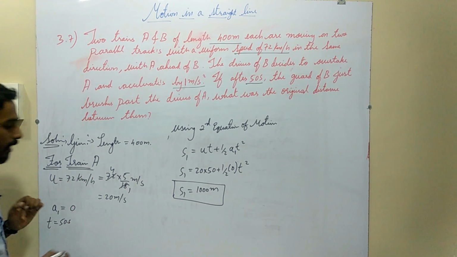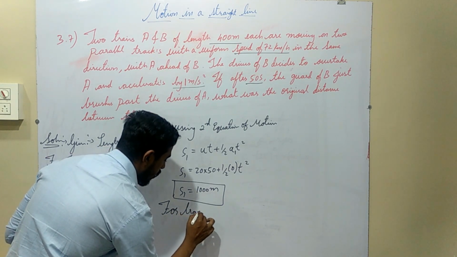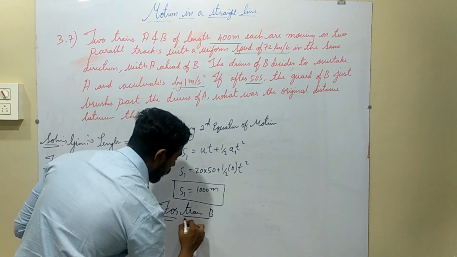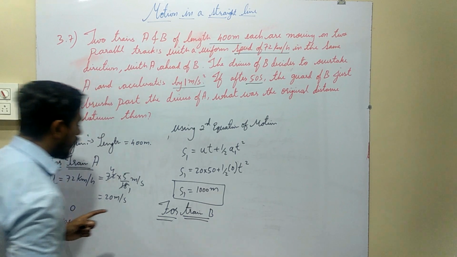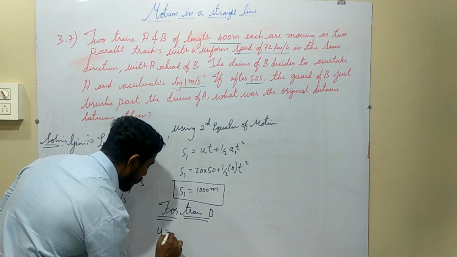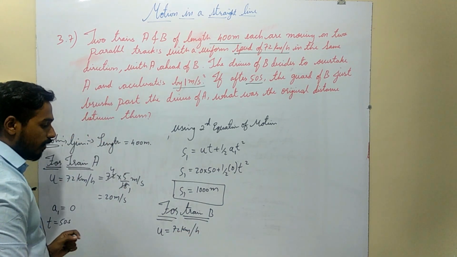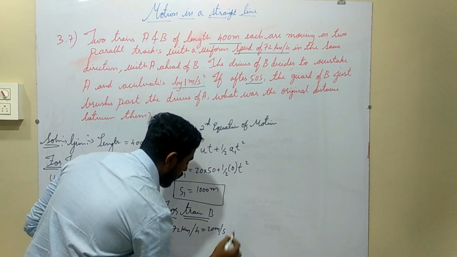Similarly we will see the distance traveled for train B. For this also we will write the given first, that is the velocity of train B, u is equal to 72 km per hour. 72 km per hour will be 20 meter per second.